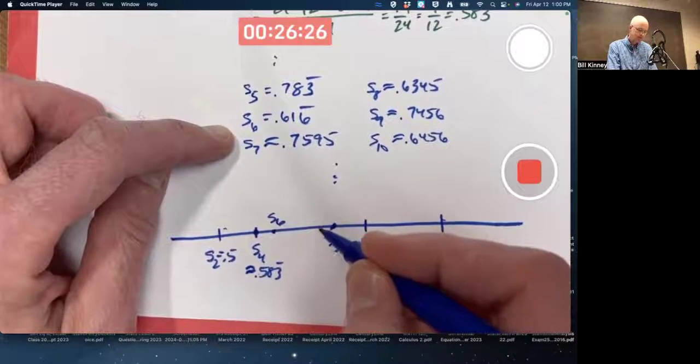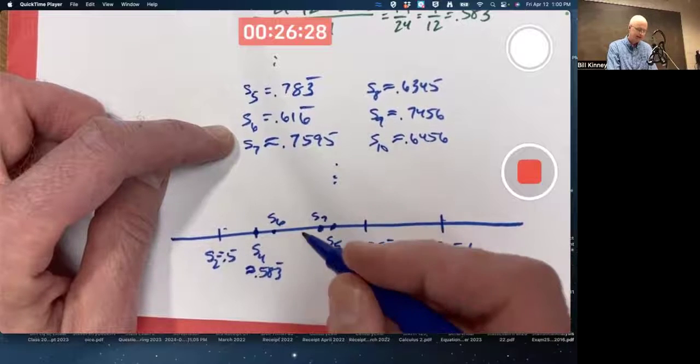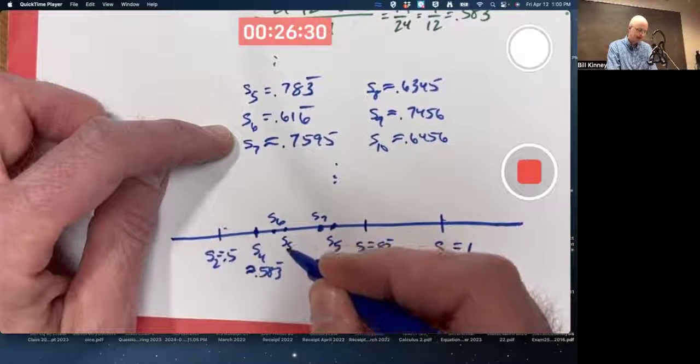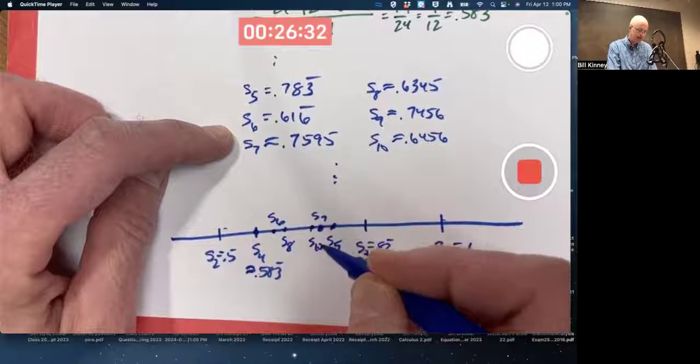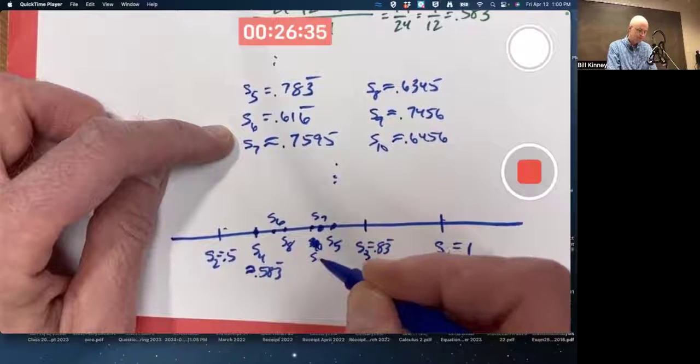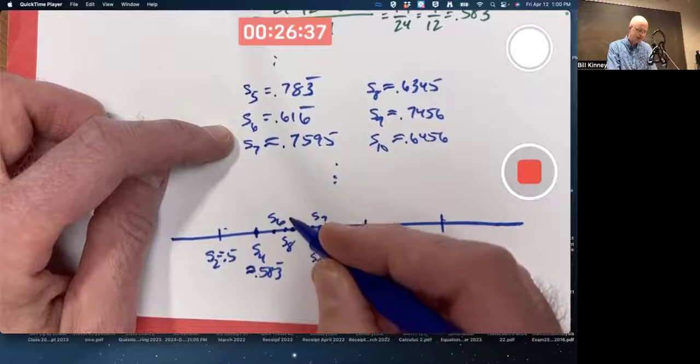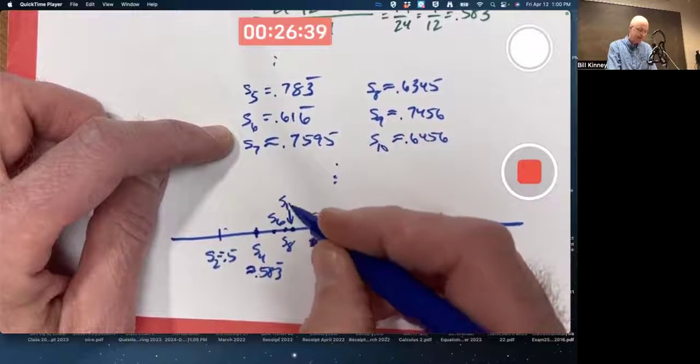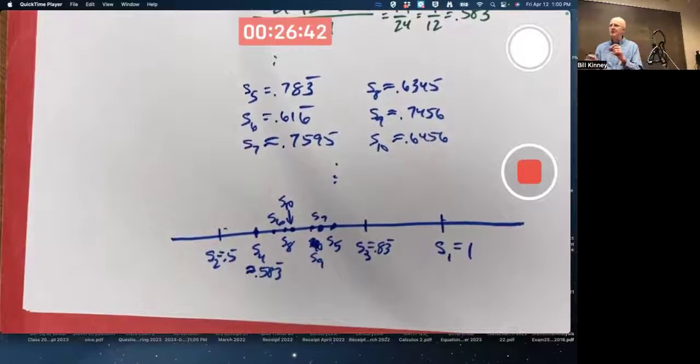S7, S8, S9. Oops, that's supposed to be S9. And S10, maybe right about there. These partial sums form a sequence. It jumps back and forth, but they're getting closer and closer together. Do they approach a limit? It's not a proof, but I'll just say they do.